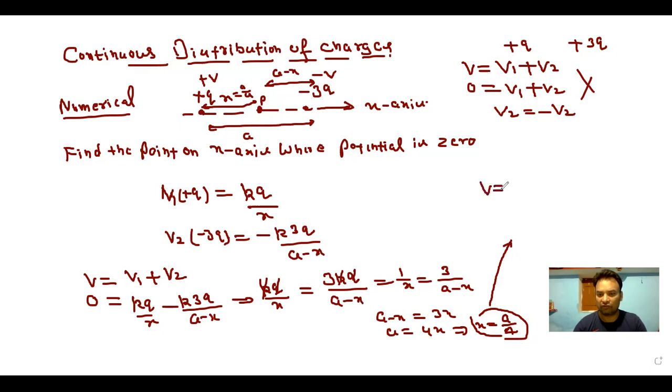Because we know that V is equal to KQ upon R, so V is directly proportional to Q. Where the charge is more, the potential will also be more, and where the charge is less, the potential will also be less. We have to find out where the potential is 0, meaning where the potential is low. So where is the charge smaller? This plus Q charge is the smaller charge. So the point of zero potential, x equal to A by 4, will be towards the plus Q charge.